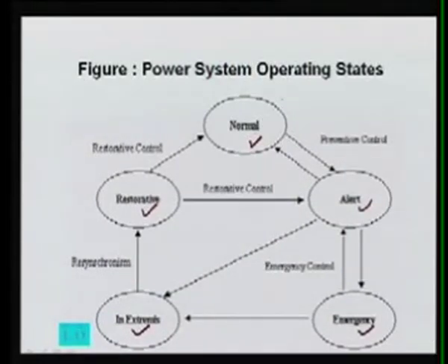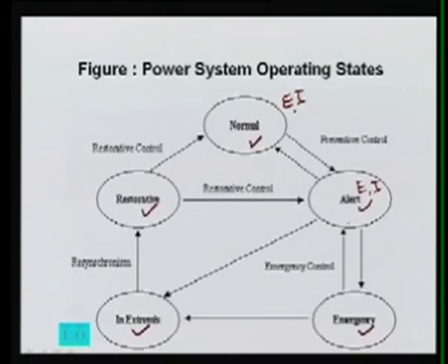Here this is your normal state, where the equality constraints E and inequality constraints I are satisfied. Now if there is any contingency, then your system may go into the alert state. In the alert state, your equality and inequality constraints are satisfied. But if there is another contingency in the system, then your system will not be in the normal state.